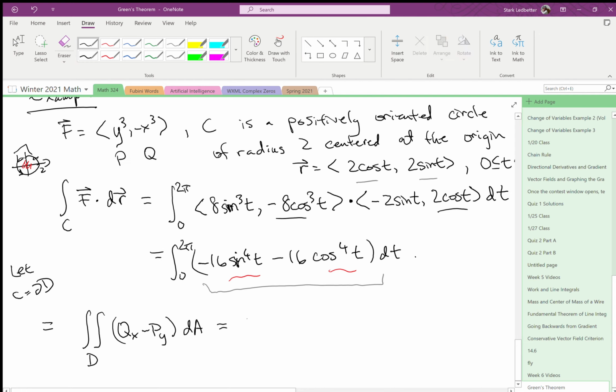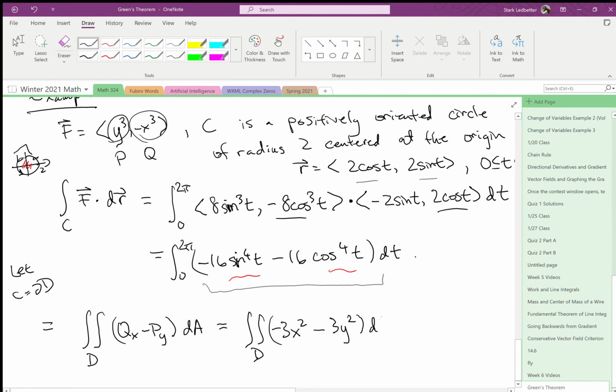So we're integrating over the circle of radius 2 centered at the origin. The partial derivative of the second component with respect to x is negative 3x squared, minus the partial derivative of the first component with respect to y, which is 3y squared.